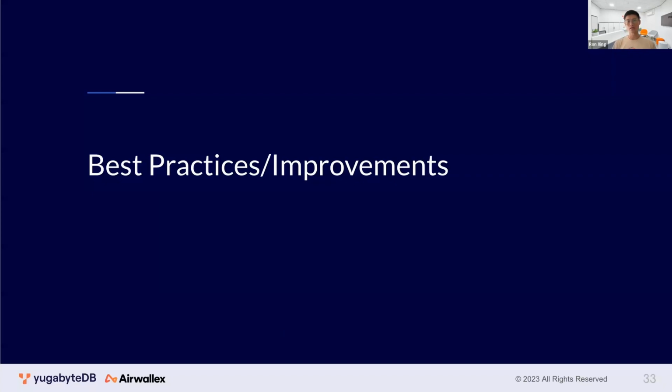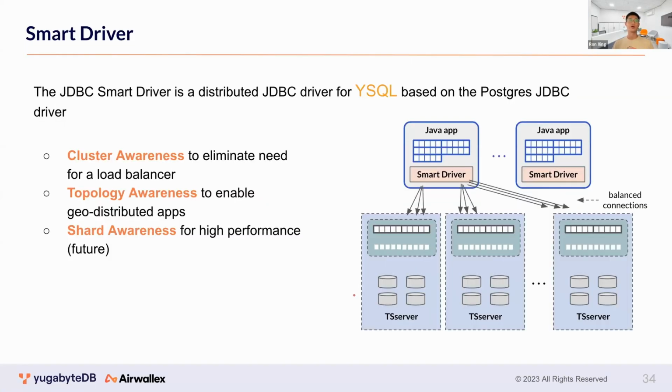And in Yugabyte, because of our design and the architecture itself, we did make some improvements for replica performance and best practices. For example, we have the smart driver. Let's take a Postgres example.